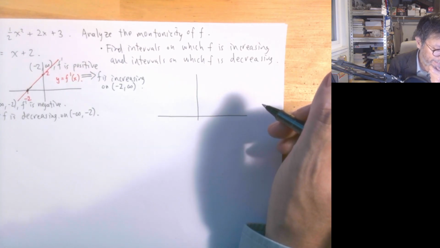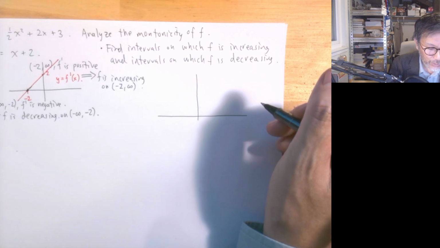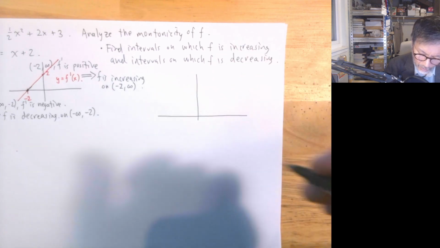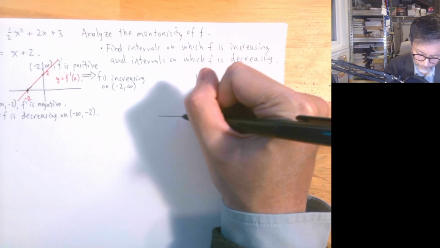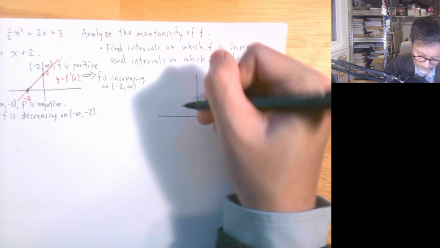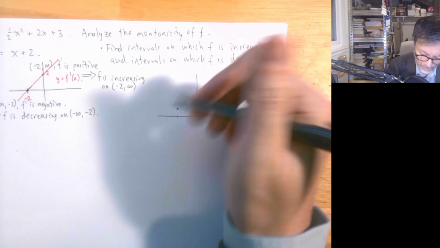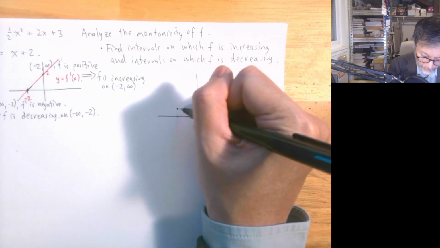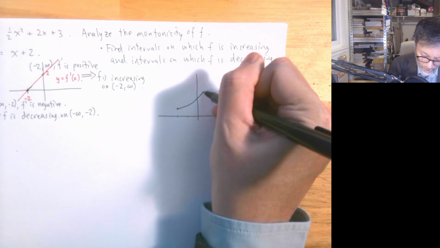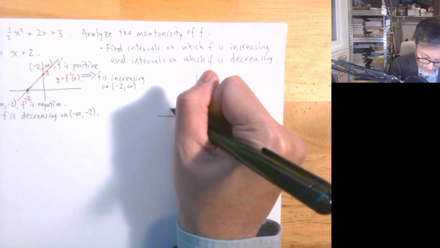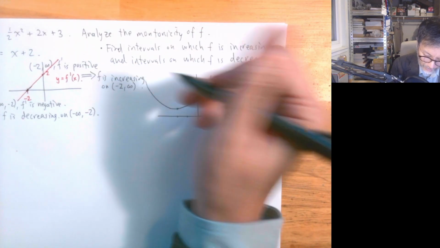So I think it would look like this. It would be kind of a wider parabola like this and like that.